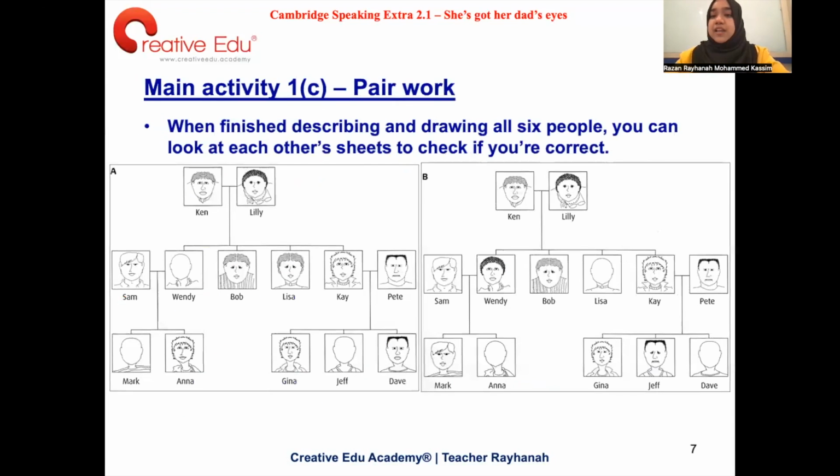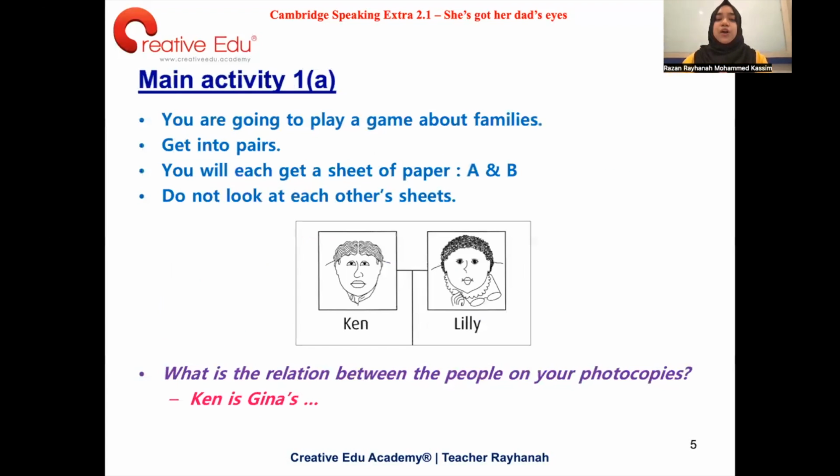One is A and another is B. All right, so now I'm going to explain how this family tree actually works. In the paper that you have, at the top, there'll be 2 boxes drawn with a single line like this, and then another line going vertically. So one horizontal line and then one vertical line in between it going down.